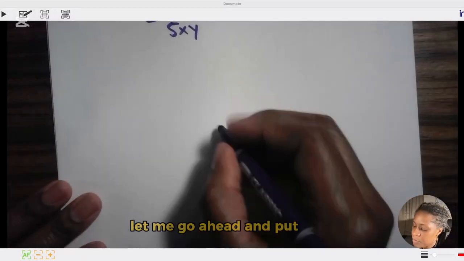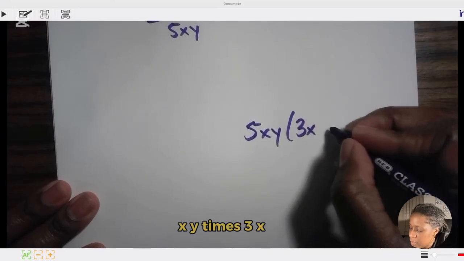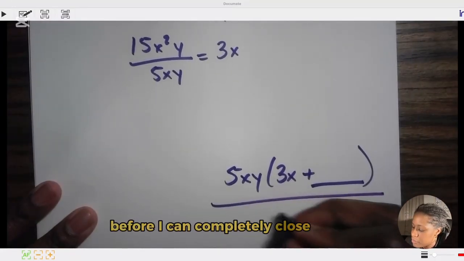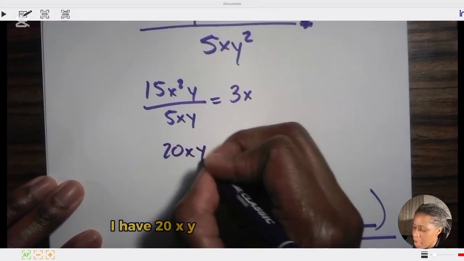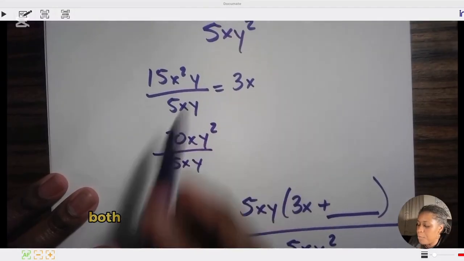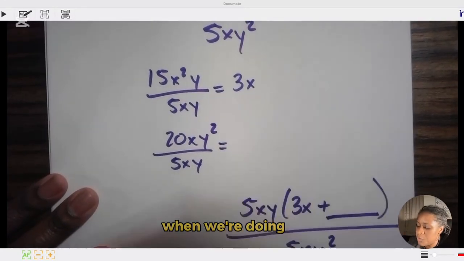Let me go ahead and put it here. xy times 3x. Now, I need to find that other term before I can completely close this out. For the other term, I have 20xy squared divided by 5xy. Both terms need to be divided by the same denominator when we're doing this.